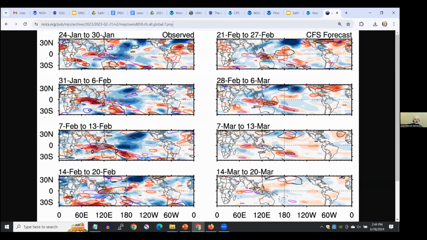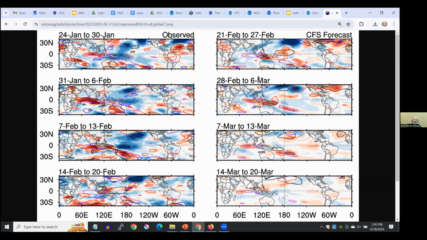So in this period, all the way from January into the beginning of February, we have a large area of westerly winds in the lower levels affecting the maritime continent. And look, once we got into this period, about the end of February into the beginning of March, these westerly wind bursts enter the Western Pacific.